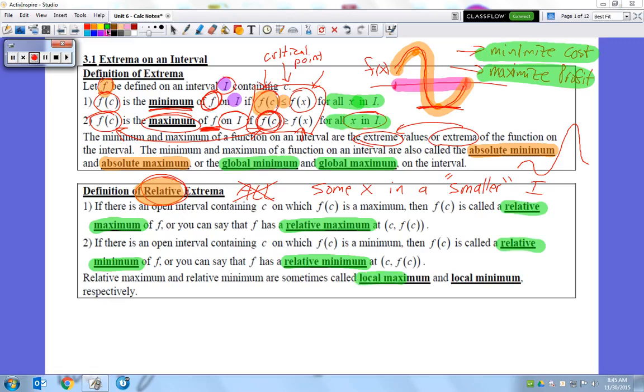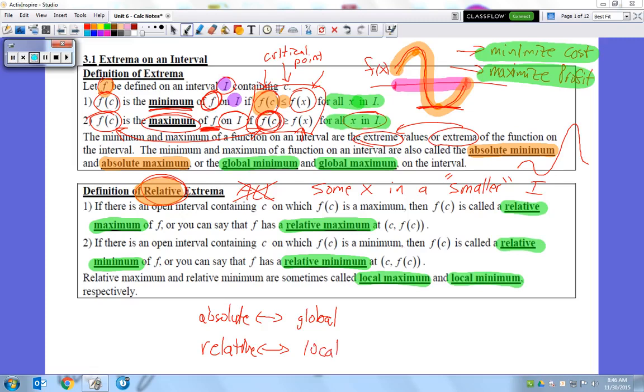Over here I have a local maximum and local minimum. So if you see absolute, like we talked about above, it's the same as global. Or if you see something that says relative, it's going to be the same as local, in the immediate surrounding area.